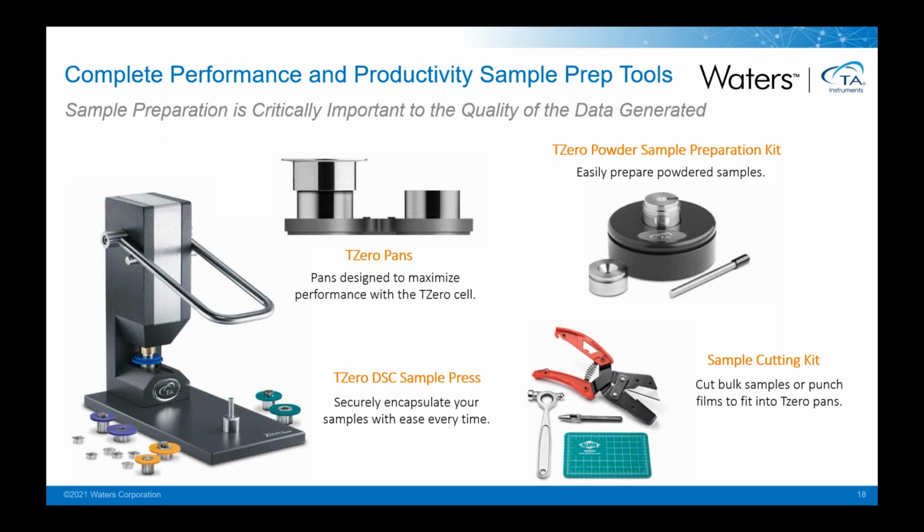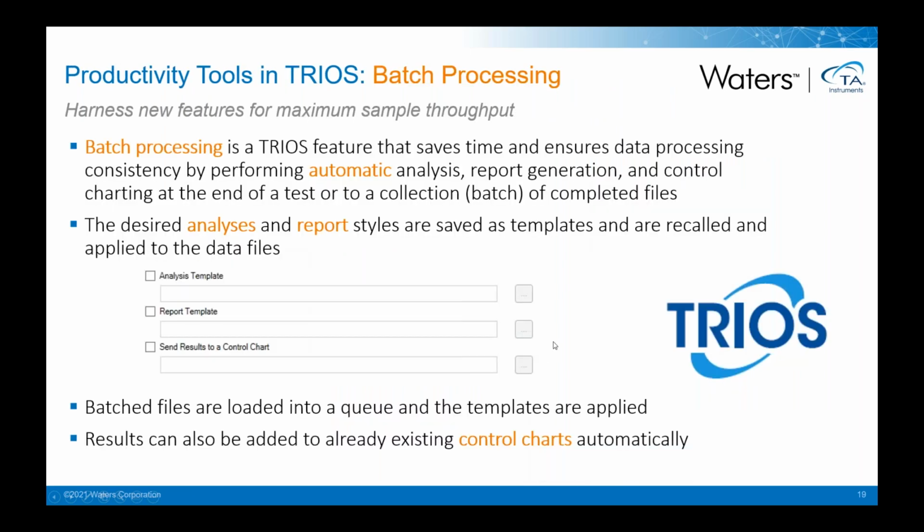So there are tools there that are helping you speed up the sample production process, and then the pans and the press are designed to make it easy to load and seal those pans and get ready to make your measurements.